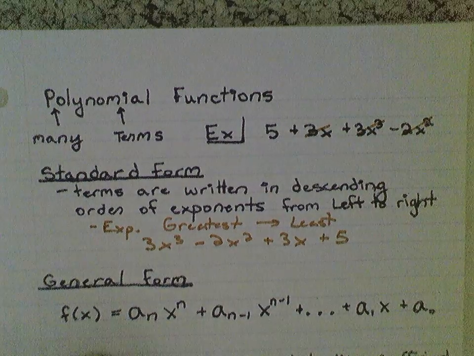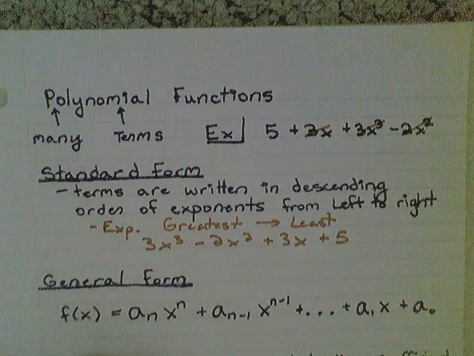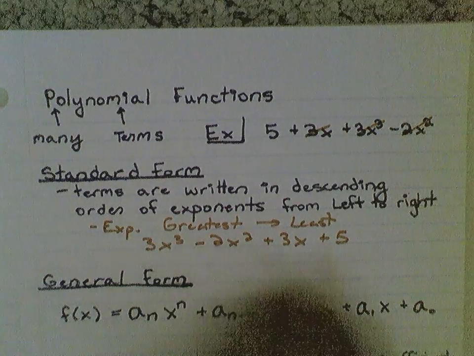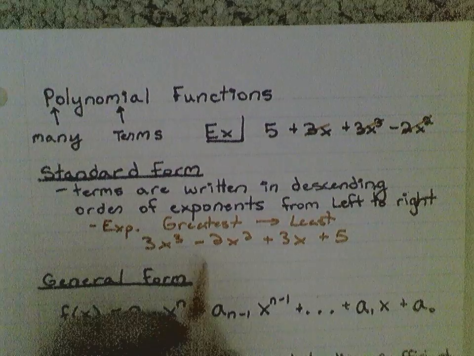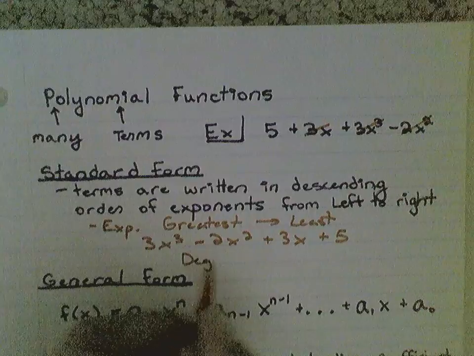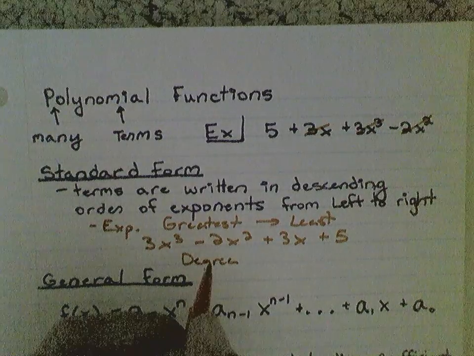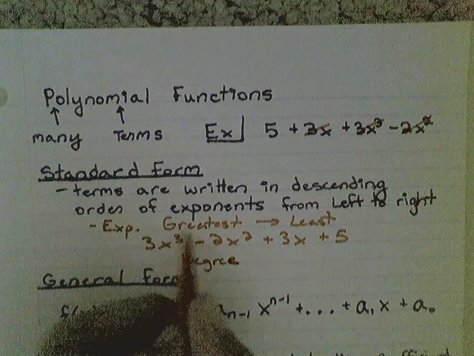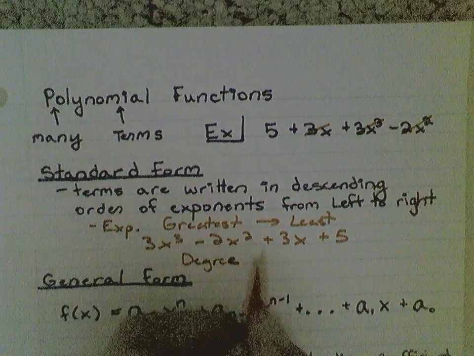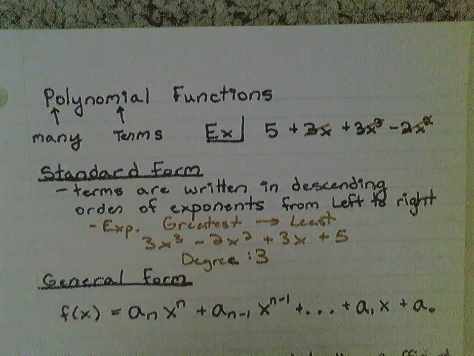Now some other general information to know with a polynomial, in standard form or even if it's not in standard form, we have terms such as degree of polynomial. We normally say that the degree of the polynomial is its highest degree. So this polynomial would be degree 3.